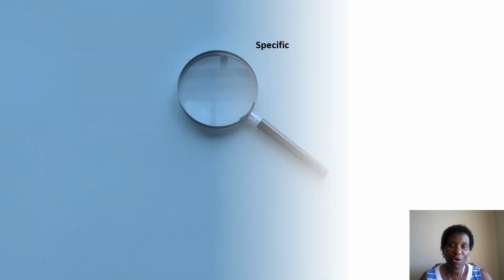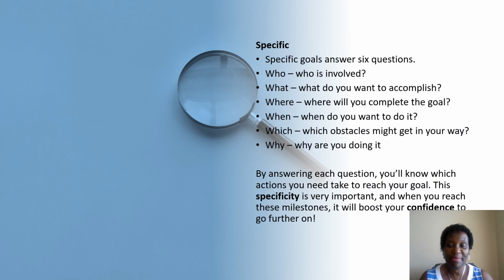So, goals then are important for you to have, obviously. But how do you take a goal and accomplish it? I'm sure you've heard of the acronym SMART. Well, to begin, your goal needs to be specific. What that means is that your goals answer these 6 questions.